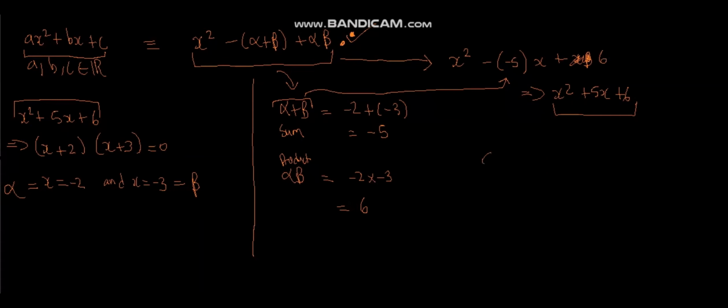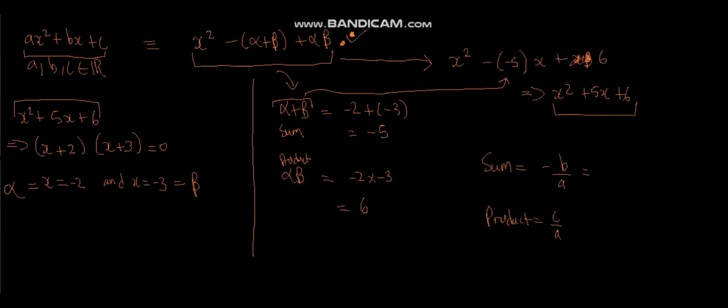Now, the sum of the roots, when given the quadratic in the form of ax squared plus bx plus c, is given as follows. So the sum of the roots is given by minus b on a, and the product of the roots is c on a.